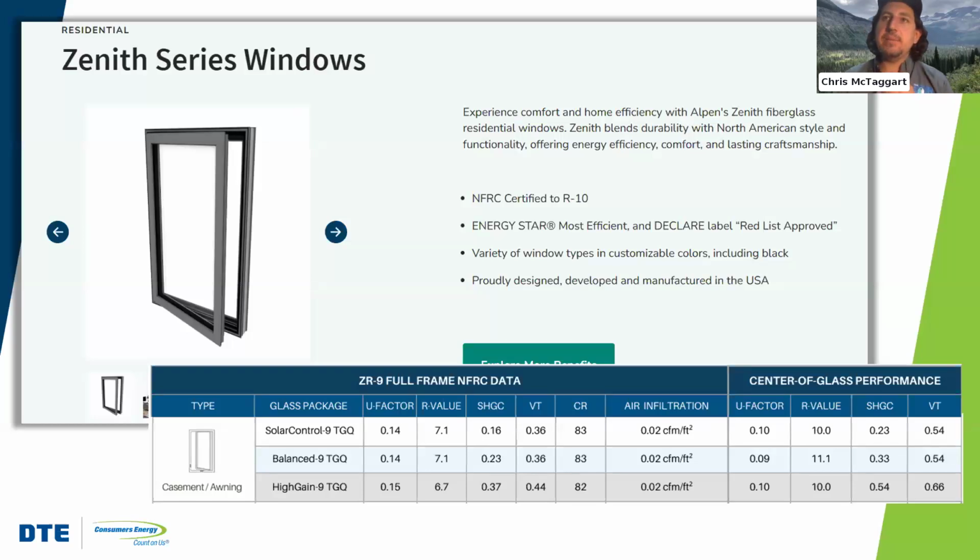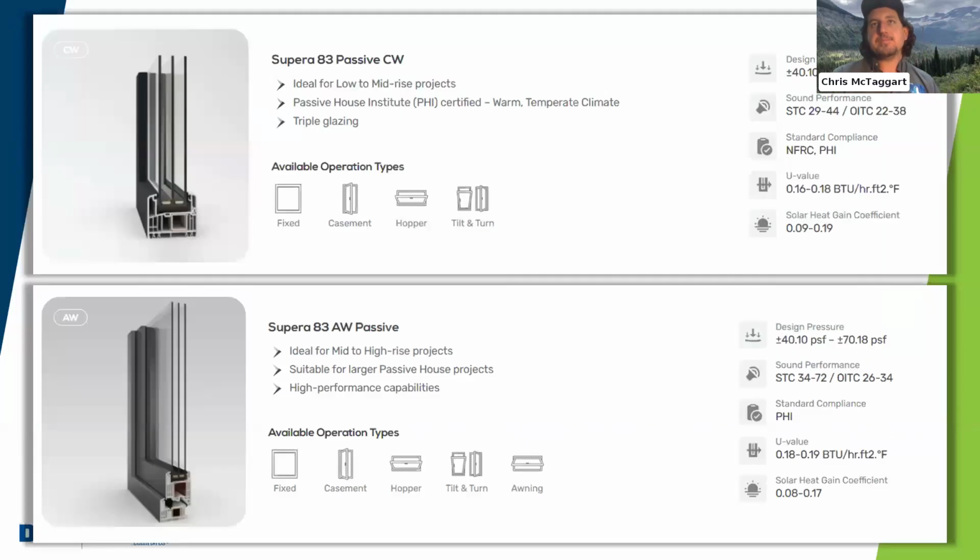This is an idea of some of these super high performance windows you may see. You know, you could get R10 quad pane windows, super low air infiltration, and the visible transmittance and the SHGC vary.